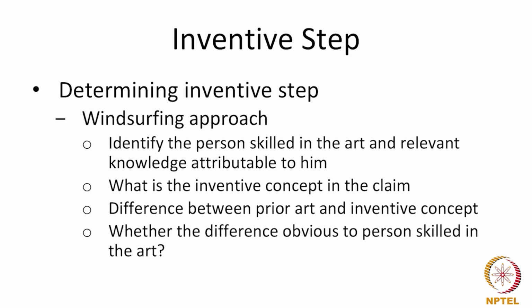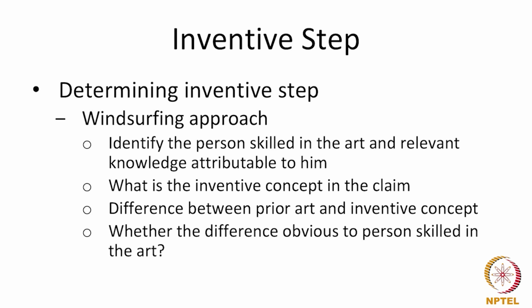The third step, identify what differences exist between the matter cited as prior art or state of the art and the inventive concept. Now, here comes in the earlier approach we saw that the closest prior art was identified, then the problem was identified.